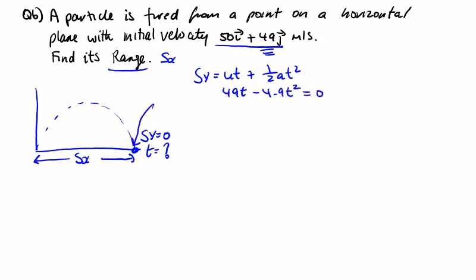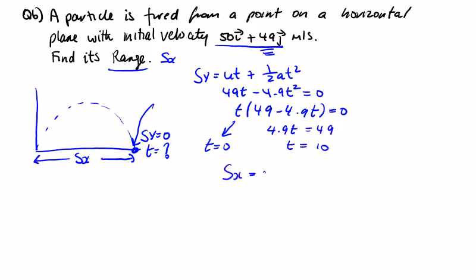I can just factorize, I'll take t out and write 49 minus 4.9t is equal to 0. This is my initial, t is equal to 0, or 4.9t is equal to 49, t is equal to 10. So my range S of X is equal to 50t, which is equal to 50 times 10, which is 500 meters.